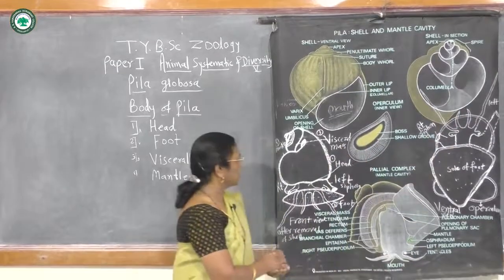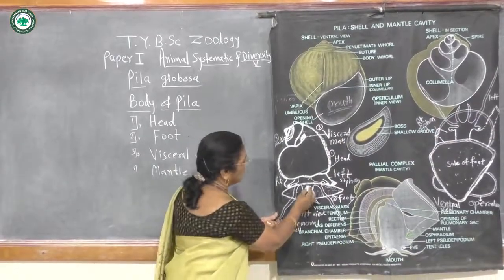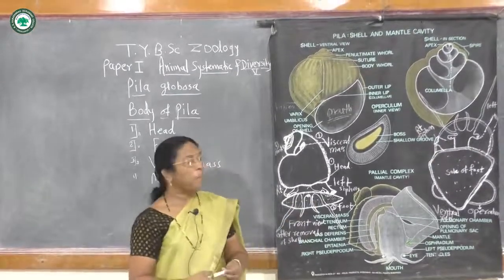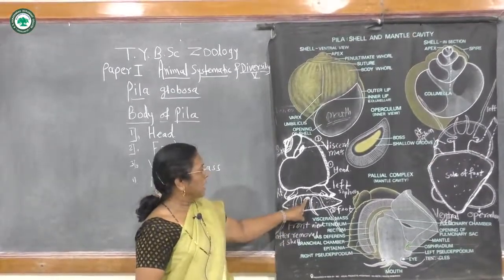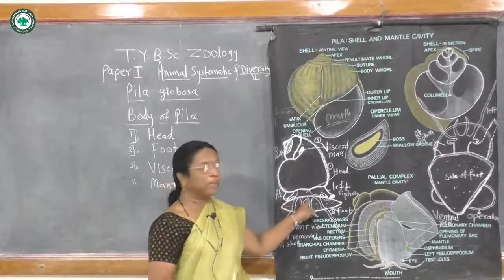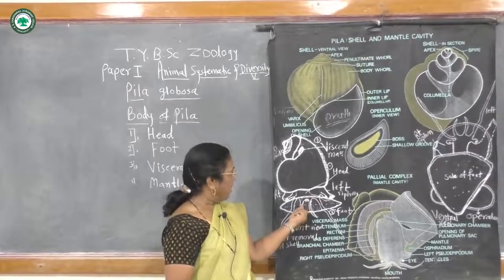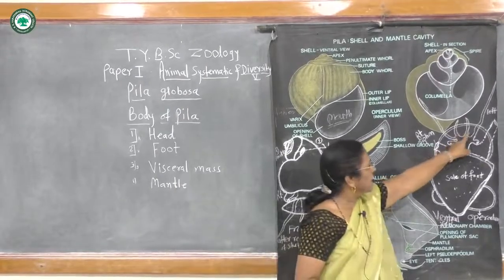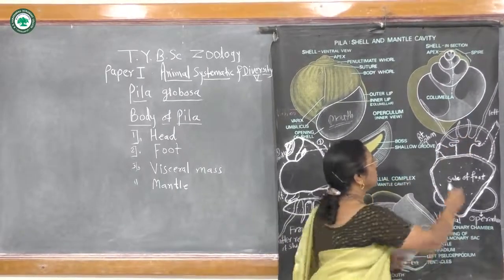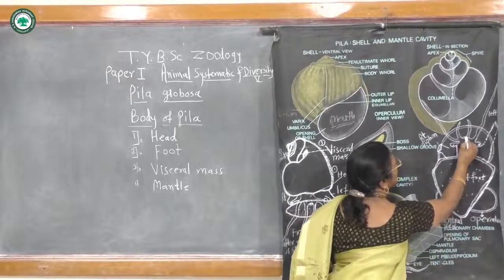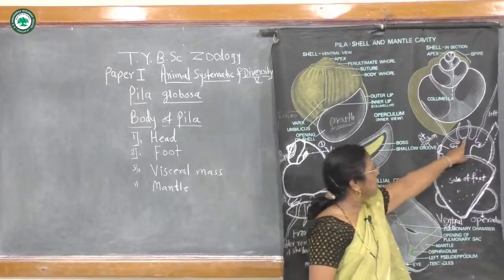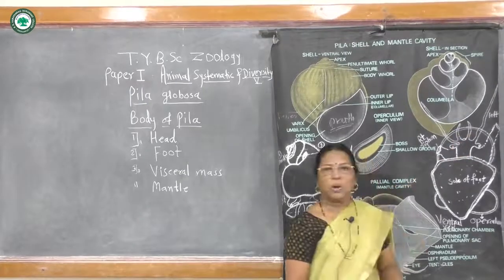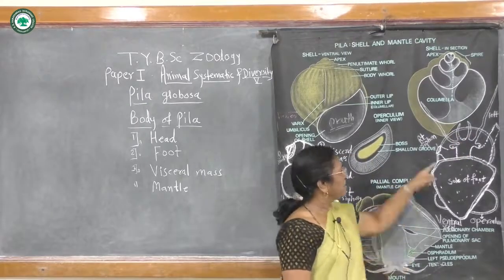Head shows a small aperture which is called the mouth. Mouth is a vertical slit-like aperture guarded by a pair of labial palps. These are the labial palps. Here there is the mouth, a vertical slit-like aperture, which is surrounded by the labial palps.